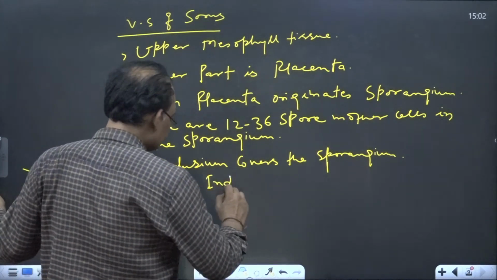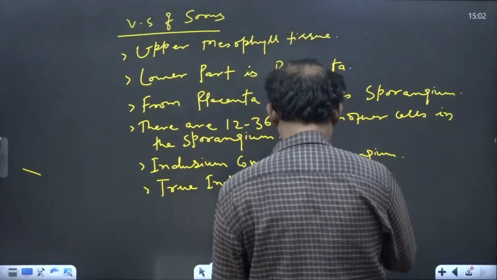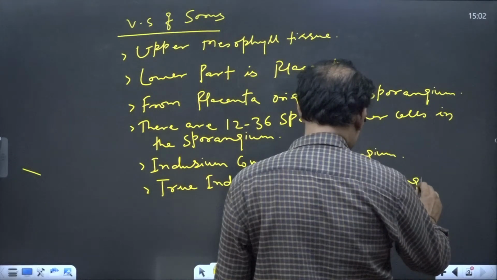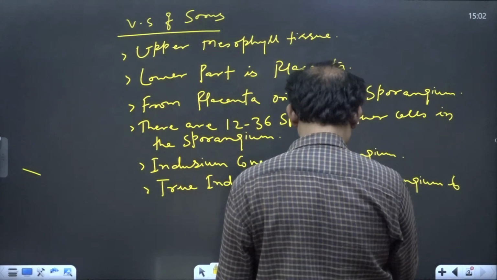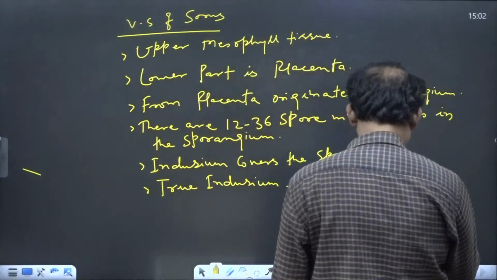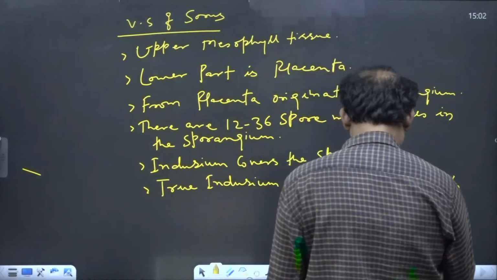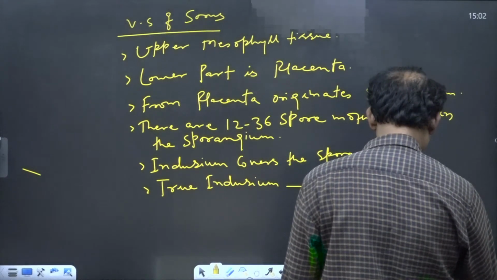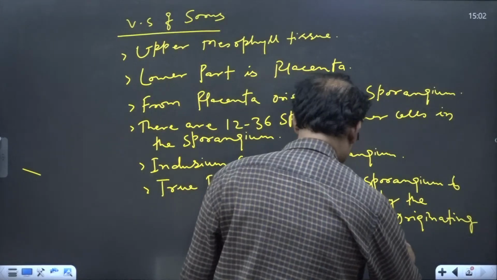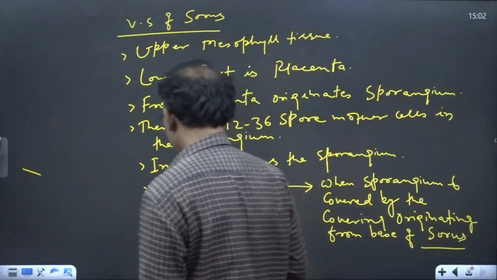What is true indusium? True indusium means that when the sporangium is covered by a covering originating from the base of sorus, then it is called true indusium.